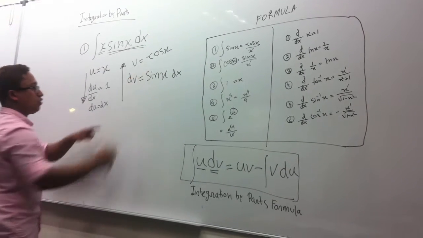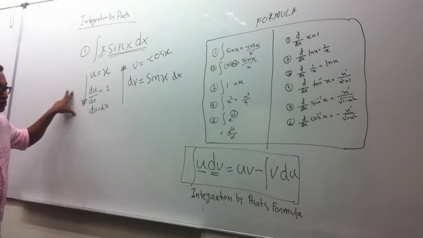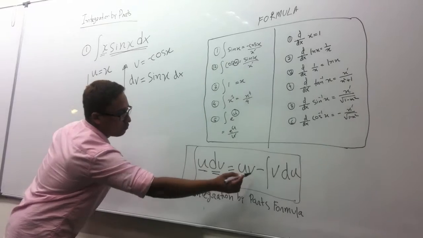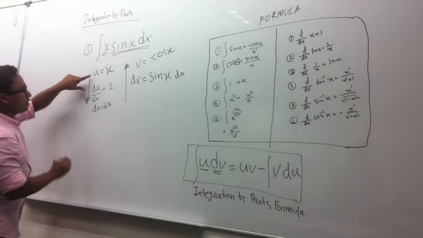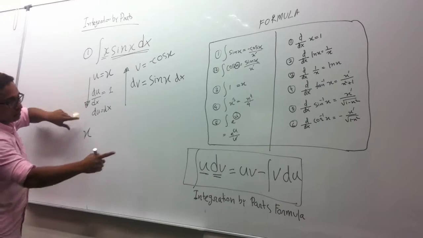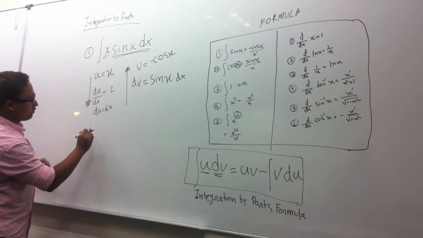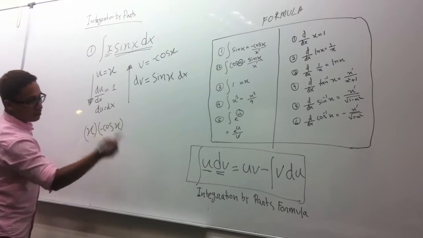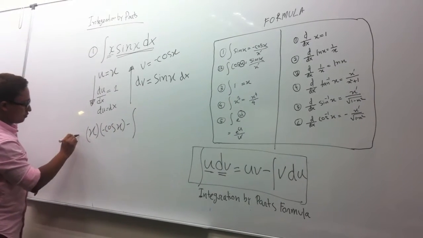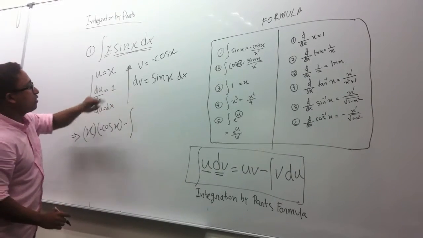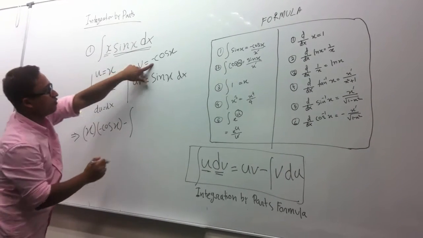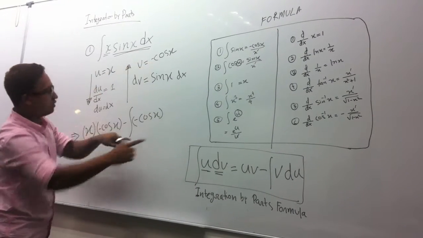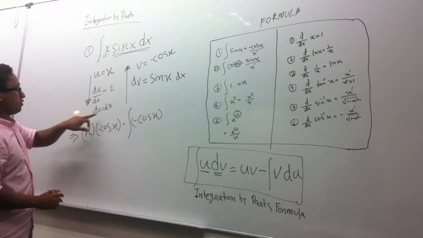Okay, now after we find this, we have to put it in the equation: uv minus integration of v du. So u is our x, v is our negative cos x, minus integration of v, which is our negative cos x, and du is our dx.